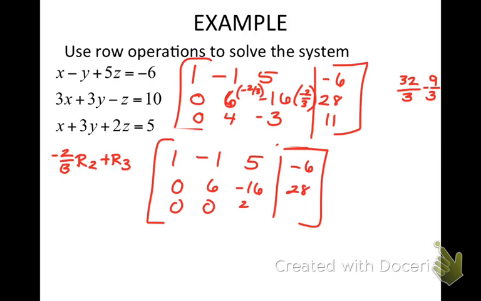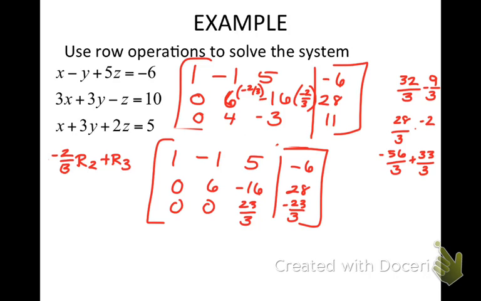Okay, so we got 23 thirds here. 28 times negative 2 thirds, and this is where your math frac button will be your best friend, would be, doubling 28 is 56 thirds, so negative 56 thirds plus 11, which is 33 thirds, is negative 23 thirds. Oh, that's nice.